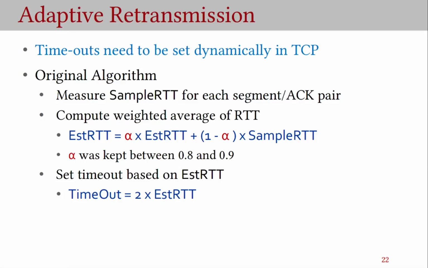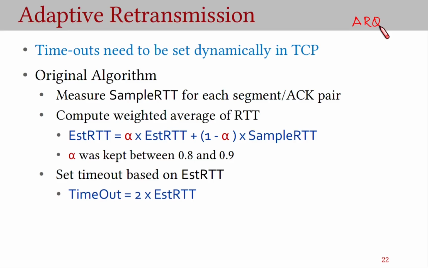TCP provides guaranteed delivery using ARQ that we studied quite some time ago. ARQ involves setting timeouts and retransmitting if acknowledgements don't come before the timeouts. The problem with TCP is that the two endpoints could be very far apart or quite near, and therefore there is quite a variation in round trip time.